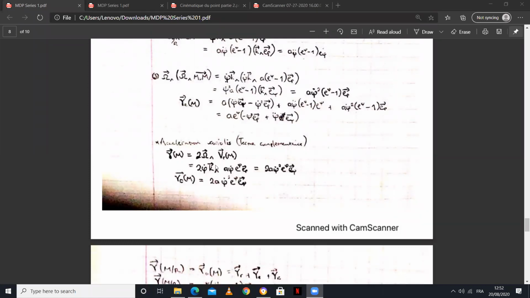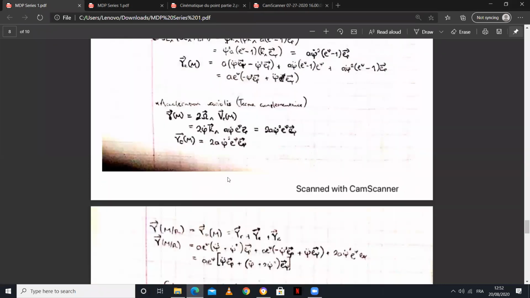Then you just multiply the scalars. So it's going to be 2 multiplied by phi point squared times A times exponential de phi. That's how come we have 2A phi point squared exponential phi suivant E phi. And this becomes your gamma Coriolis. That's from this formula.